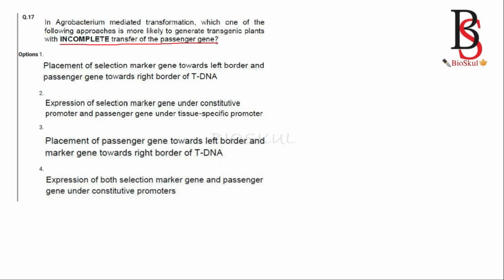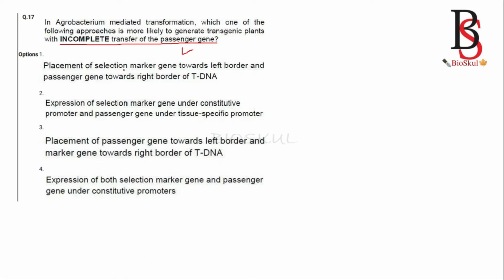In agrobacterium transformation, the T-DNA is integrated into the infected plant DNA. The portion which remains in the left border may not be transferred completely. So if the passenger gene is present in the left border, that may lead to the incomplete transfer of the passenger gene. So let's see the options.